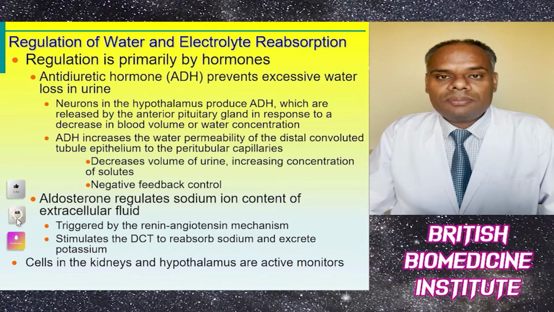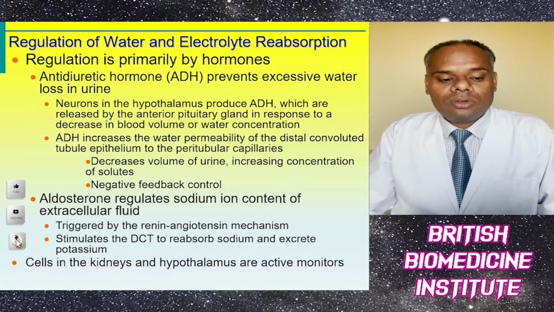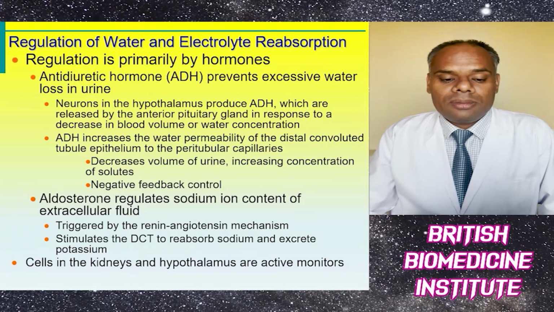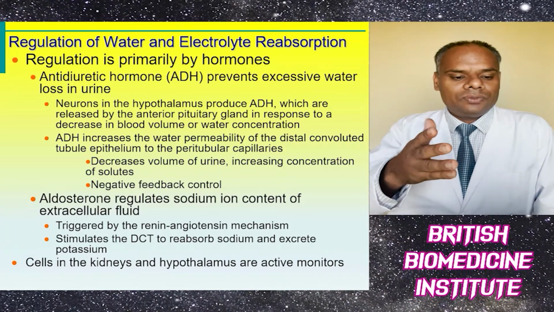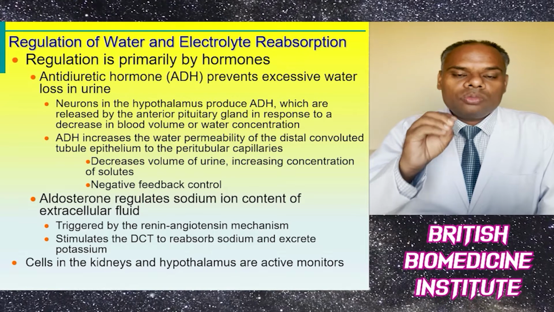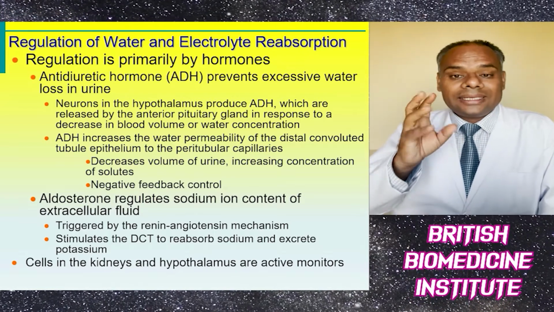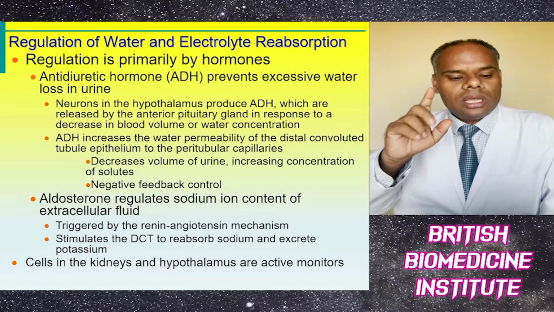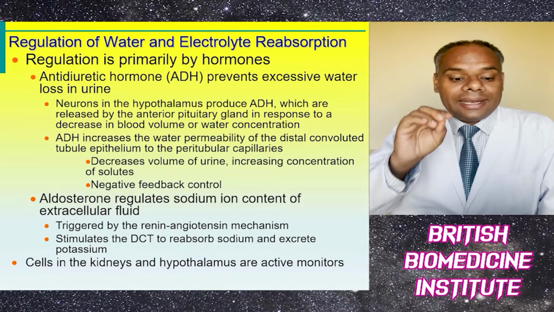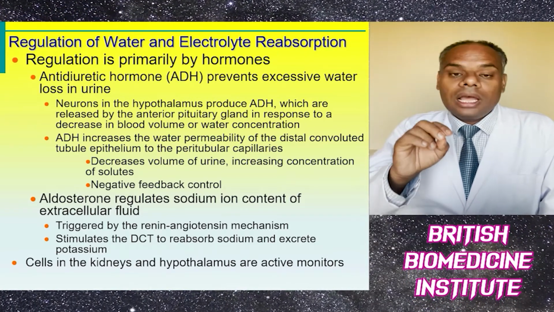ADH increases the water permeability of the distal convoluted tubule epithelium to peritubular capillaries. There is a decreased volume of urine and increased concentration of solutes, and it also follows negative feedback control.